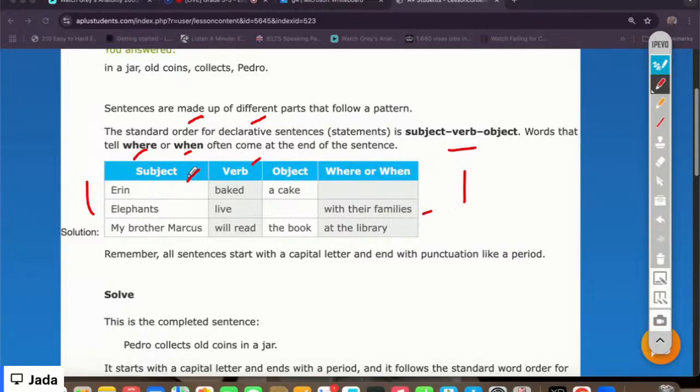Now, this is subject, verb, where or when. My brother Marcus will read the book at the library. So this is a very complete pattern: it has the subject, the verb, the object, and where or when.